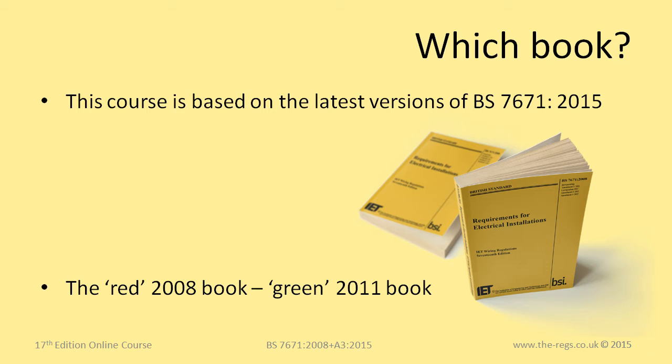The previous red book, which was the first 17th edition, which came out in 2008, is no longer relevant or useful, and the green book, which came out in 2011, will be coming to the end of its days at the end of June 2015. So again, the book we're going to be using is the yellow one, so get yourself a copy of that if you don't already have one, and I'll see you back here.